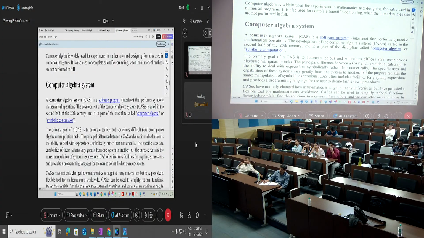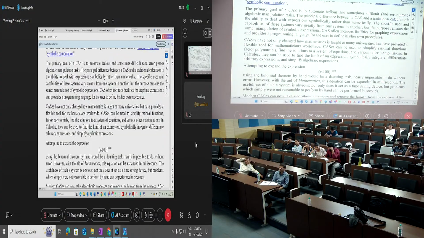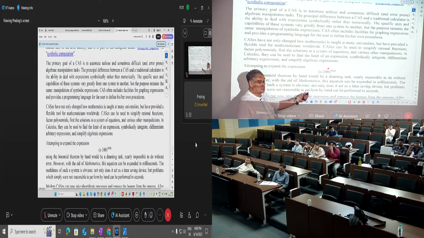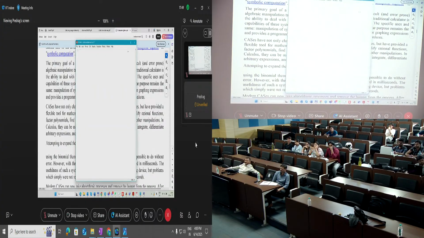A computer algebra system can prevent difficult algebraic manipulation tasks. For example, if we want to compute such an expression by hand, it will take days and nights, and finally you will make one mistake. In Mathematica, it is a simple job.